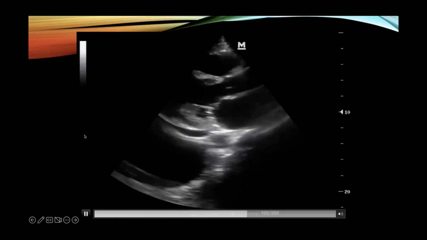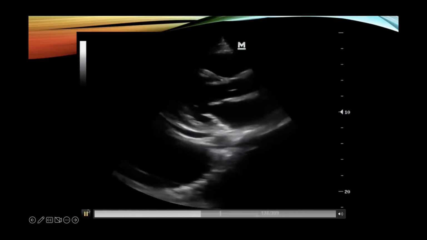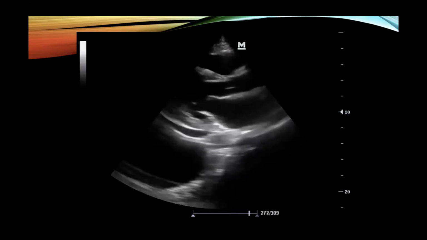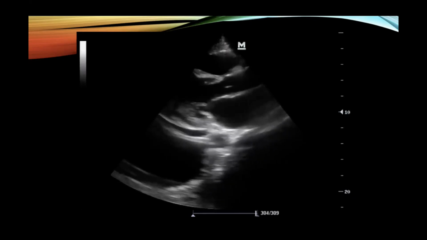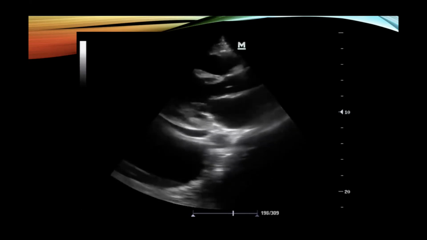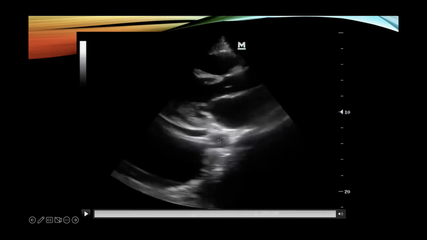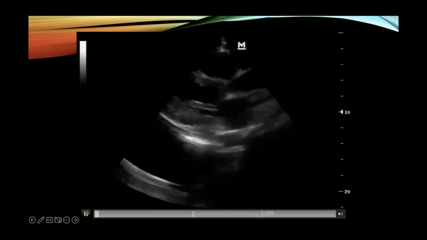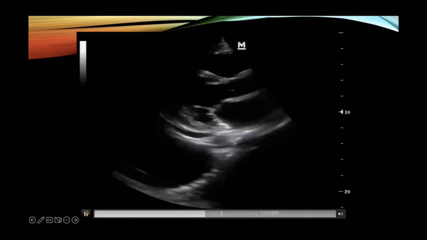Okay, we'll just keep rotating. Do we have any other residents or anyone else that I'm failing to pick on? All right, Karen, what do you think? It looks like there's fluid below the descending aorta, so probably a pleural effusion, but there's also a little bit of fluid above the descending aorta, so a pericardial effusion as well.